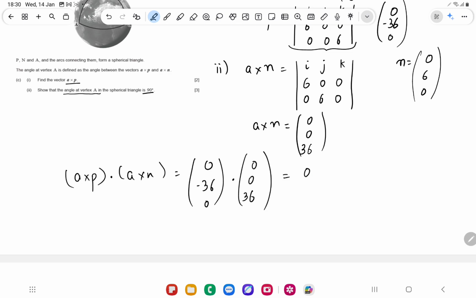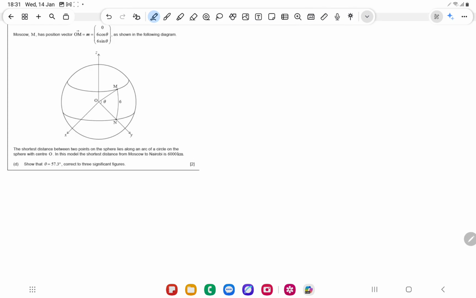Since the dot product is 0, it means the vectors are perpendicular, or you can say the angle at vertex A is 90 degrees.